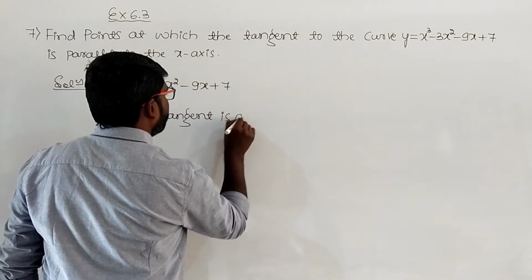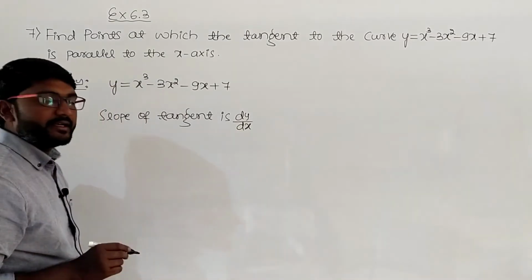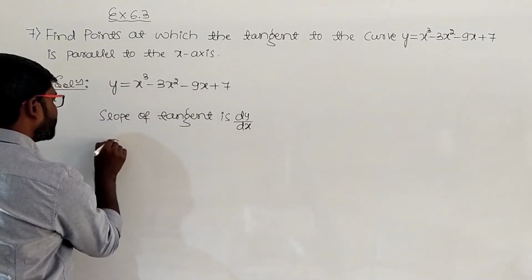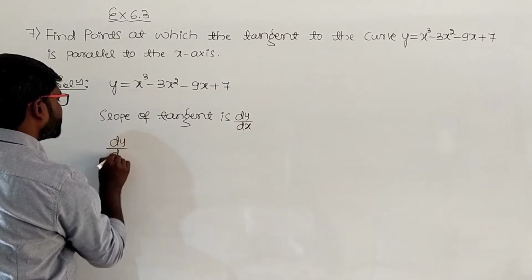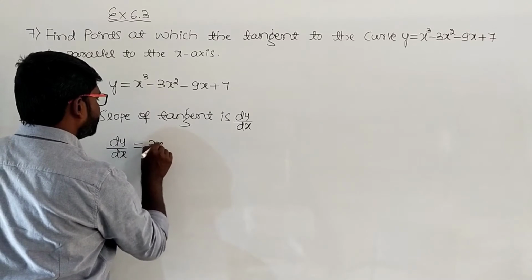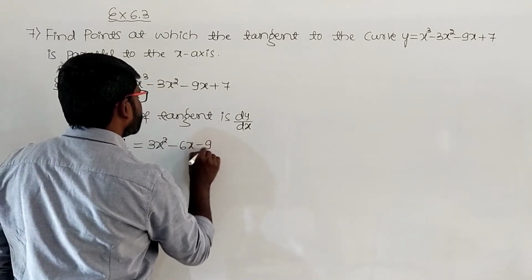Slope of tangent is dy by dx. So let us differentiate both the sides with respect to x. You get dy by dx equals 3x square minus 6x minus 9.